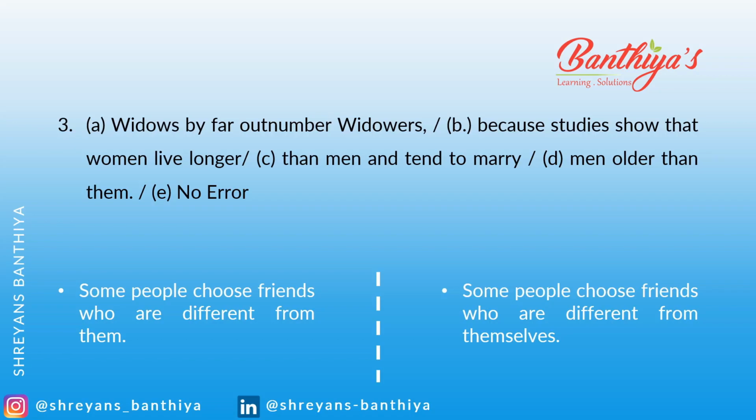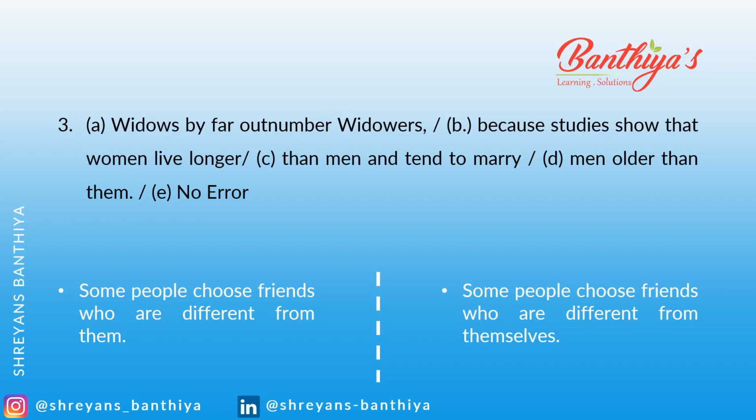Some people choose friends who are different from them. Now some people, that is a bunch of people that we are referring to, choose friends who are different from them. Them is a point of reference here in this sentence. The sentence is absolutely right, but generally it is not used in this sense but in the second sense, that is some people choose friends who are different from themselves.